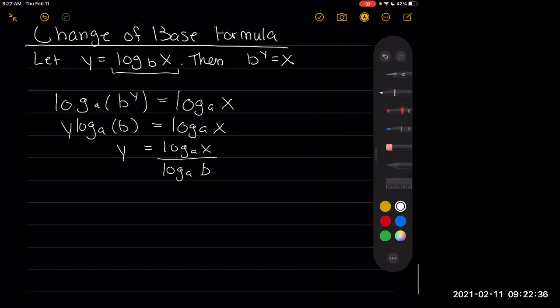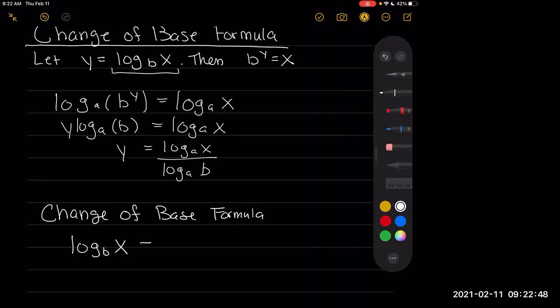So our change of base is simply log base b of x equals log base a of x over log base a of b.